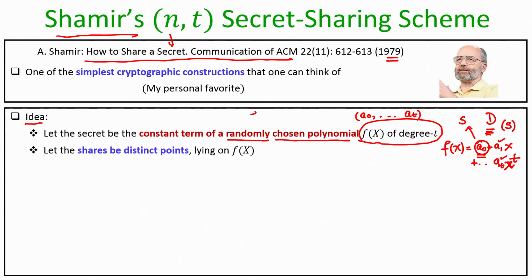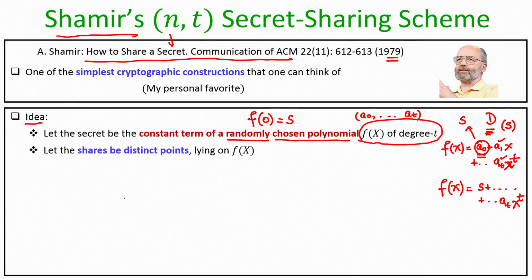In some sense, you can imagine the polynomial f of x as a random polynomial, except that when evaluated at x equal to 0 it gives you the value s. Because if I pick a polynomial where the constant term is the secret s, and then the remaining coefficients, then that polynomial evaluated at x equal to 0 will give me the value s.